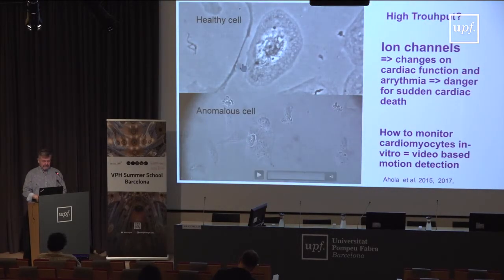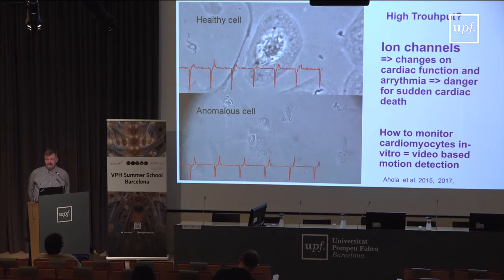And now, actually looking at these cells, we started quite many years ago already. Quite simple image processing, and you can actually get the mechanical beating of these cells. And of course, this is much easier because you can grow the cells upon any surface that allows microscopy and video, make the video, and then track the cell beating and have the curves.